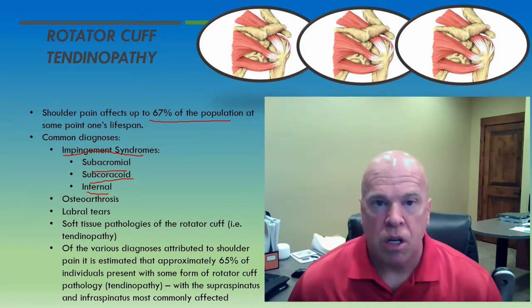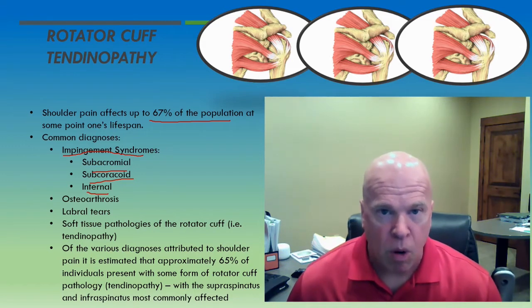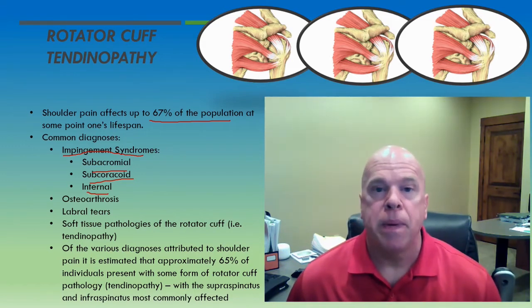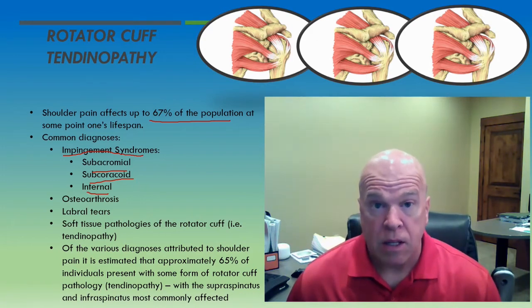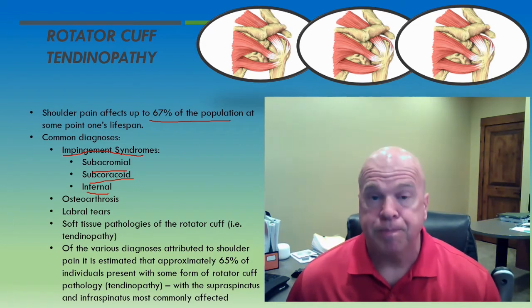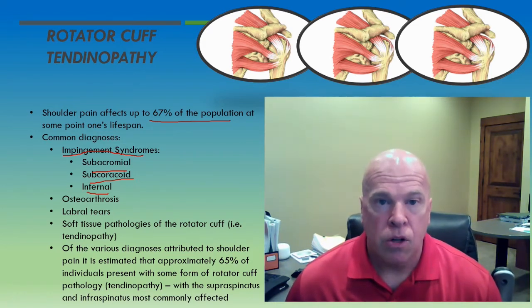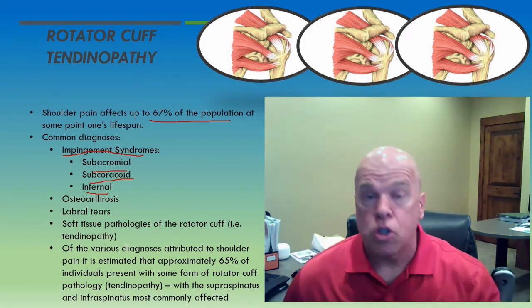Now, let's define these a little bit. With the subacromial impingement syndrome, we see an impingement of the rotator cuff and the subacromial bursa between the greater tuberosity of the humerus and the undersurface of the acromion process. So this is subacromial.